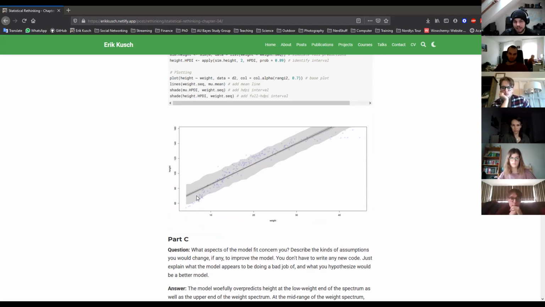Because what we can see right here is that at both the lower and upper end of the weight spectrum, we overpredict the height quite significantly. However, in the mid-range of the weight classes, we underpredict the height of the individuals, meaning this straight line right here is probably not a good solution, and I would go for a second-degree polynomial to fix this.